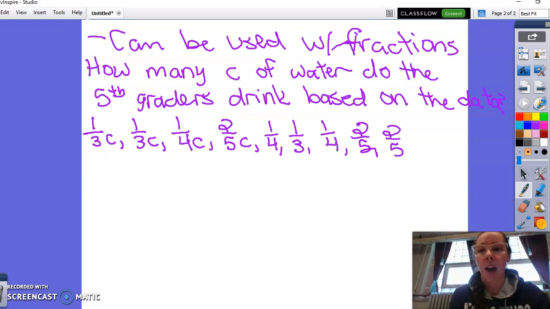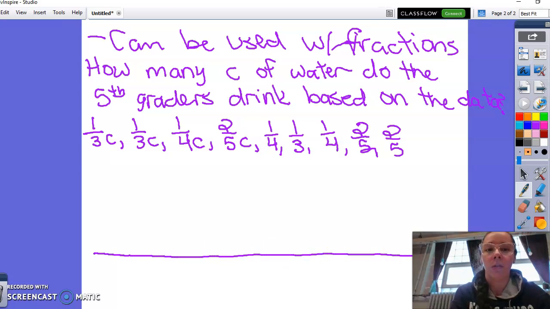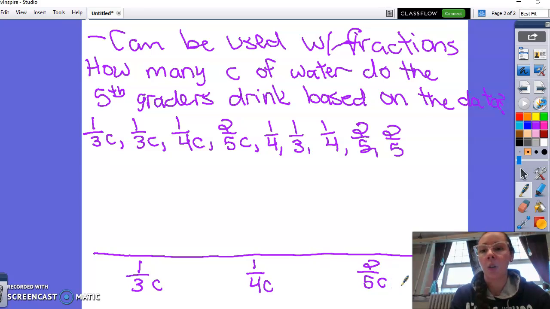And let's go ahead and now put this information into our line plot. So if I want to know how many 1/3 cups, how many 1/4 cups, and how many 2/5 cups there are, I'm going to do the same thing you saw me do with the shapes.